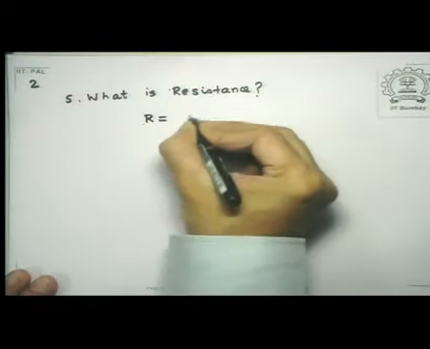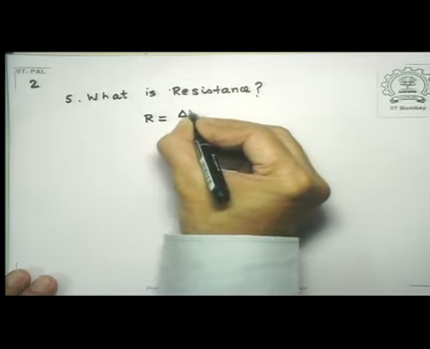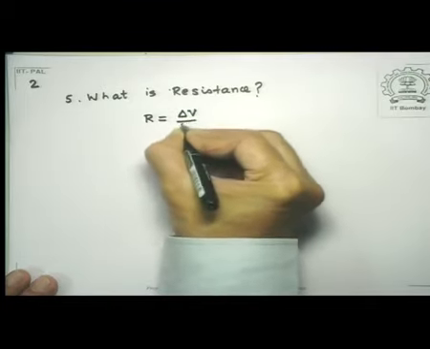So we define the resistance as measured between 2 points across which we apply a potential difference delta V. And the resistance R between such 2 points is defined to be delta V divided by I.